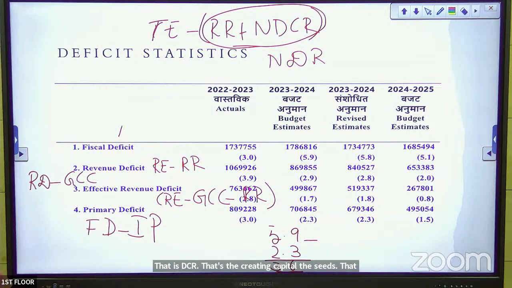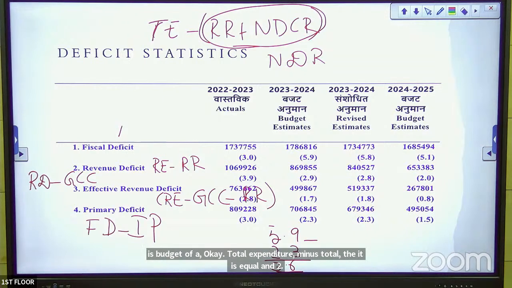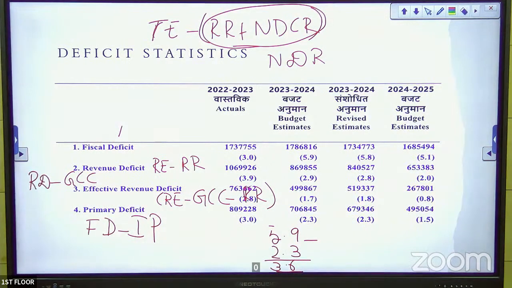Yes or no? Formula wise, be sure now. Which is why we want you to always remember the budget deficit. What is the budget deficit formula? Total expenditure minus total receipts is equal to 0. If you make that equation 0, only then you will be able to make fiscal deficit into DCR.